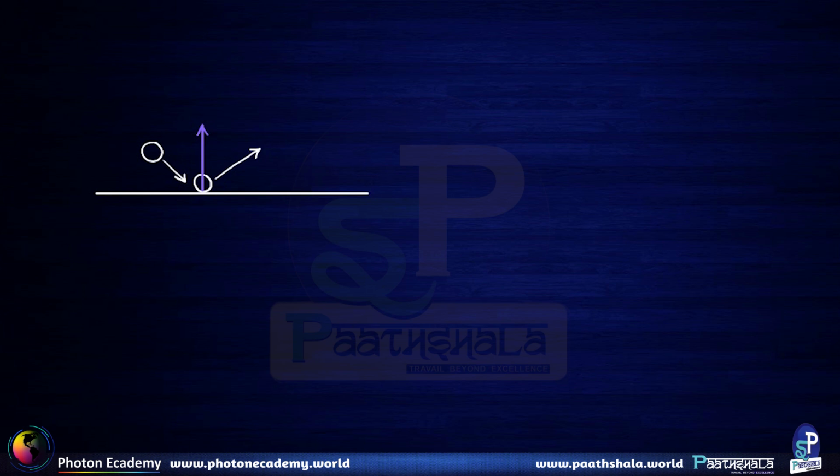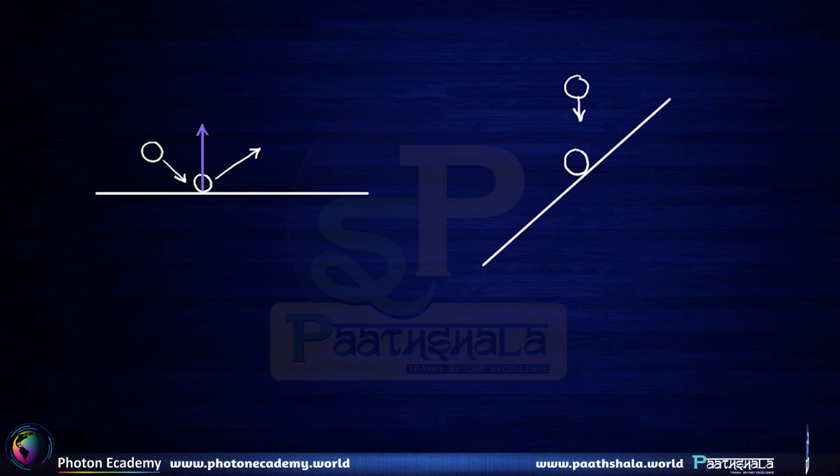Let us say there is another typical scenario wherein there is an inclined plane given. So this is an inclined plane, and let us say a spherical object is coming and impacting this inclined plane. So as it is impacting this inclined plane, the line of impact happens to be the line that is normal to both the surfaces.